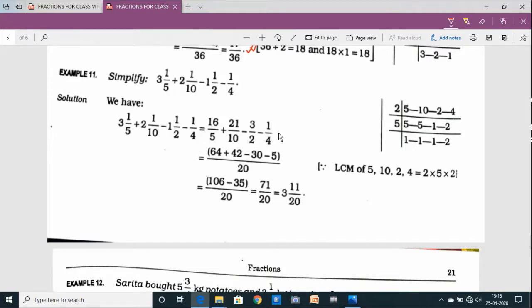Here all these fractions are written as improper fractions. After that, all denominators are different, so take the LCM and then we do the same process that we did in the earlier question.